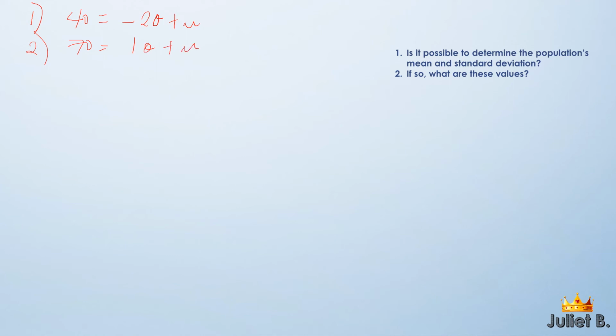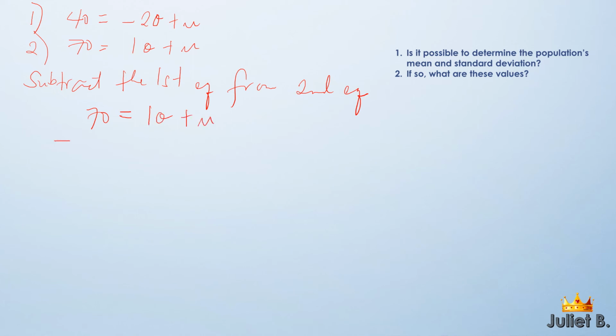By elimination, we can solve for the value of standard deviation simply by subtracting the first equation from the second equation. So we will have 70 is equal to 1 standard deviation plus mean minus the first equation, 40 equals negative 2 standard deviation plus mean.